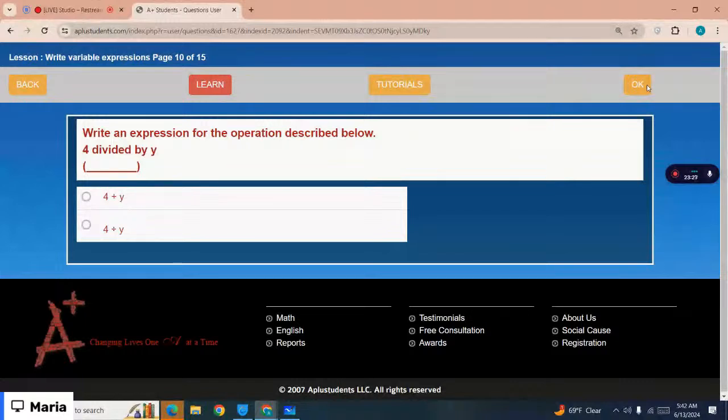Four divided by y, which is the correct option? The correct option is option number 2.